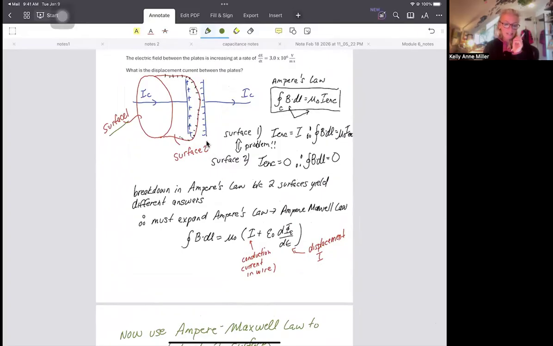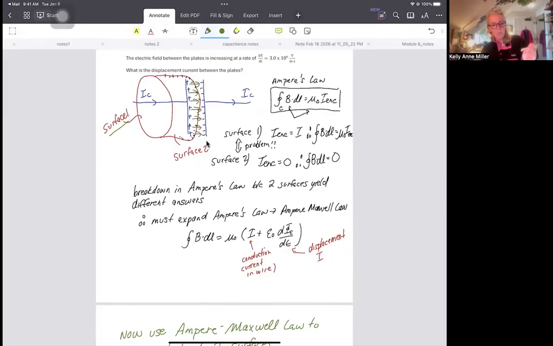That indicated that Ampere's law, as it was written, doesn't work for this weird situation where electric charge builds up on a plate, clearly leading to an electric field between the plates.